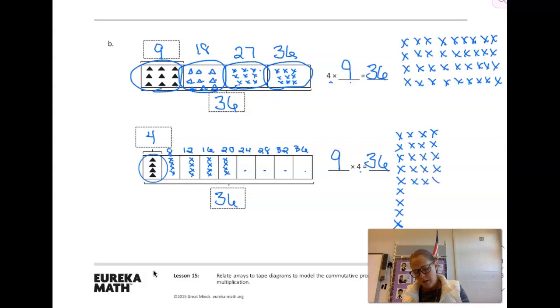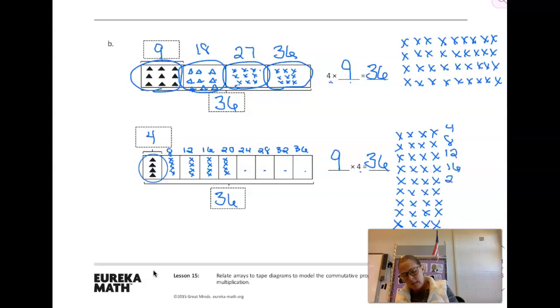Here we go. And then you can always write your skip counts down the side to check your work. And just for practice, let's do that now. 4, 8, 12, 16, 20, 24, 28, 32, 36.